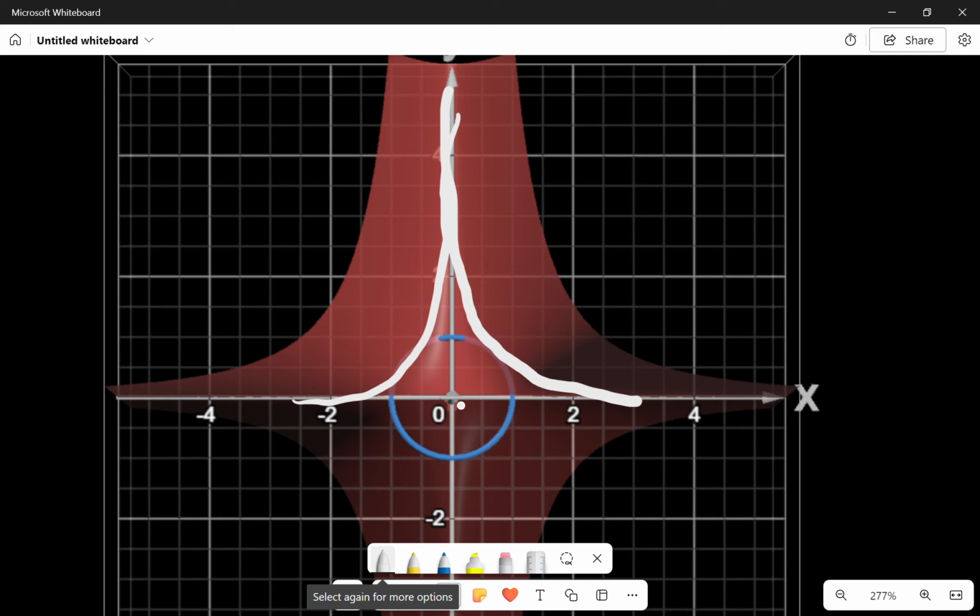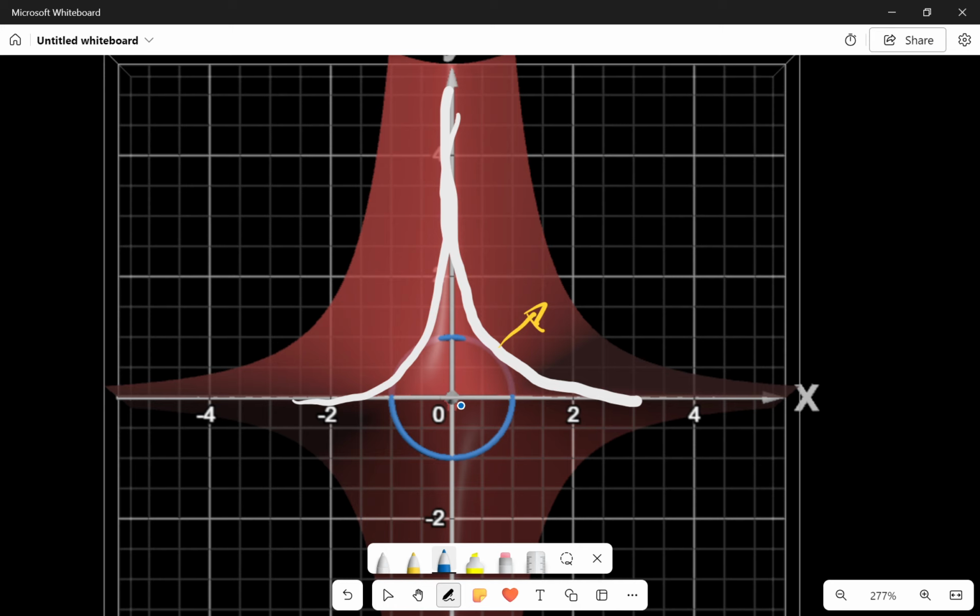Here we have, let's say, this yellow arrow represents the gradient of the red function at this point, and look at this.